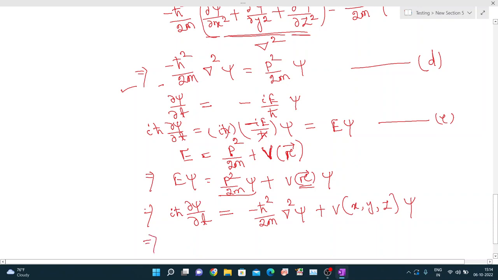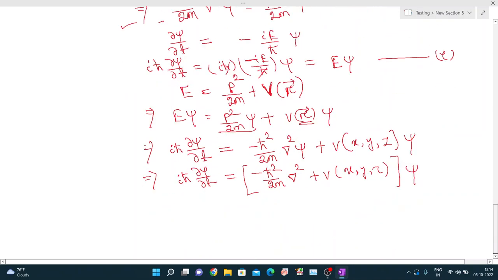Okay, so we can write i h cross del psi over del t is equal to minus h cross square by 2m del square plus v, whole into psi.